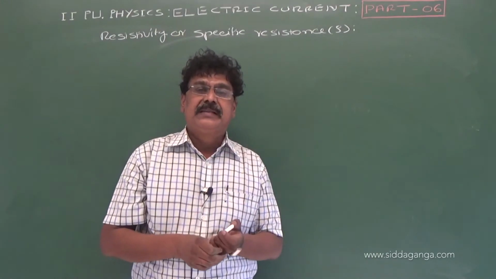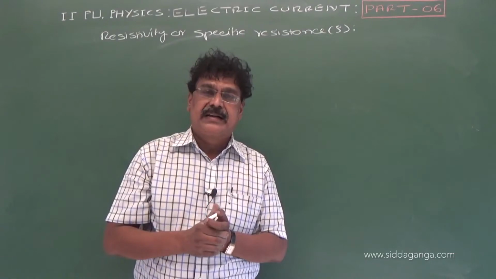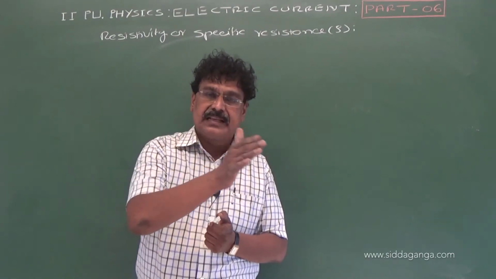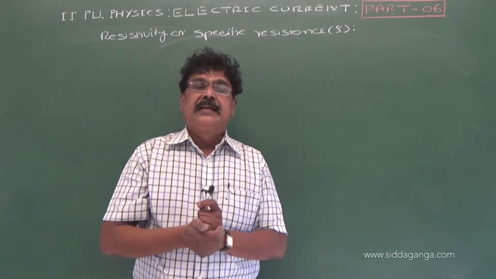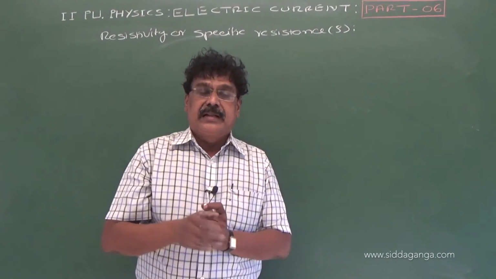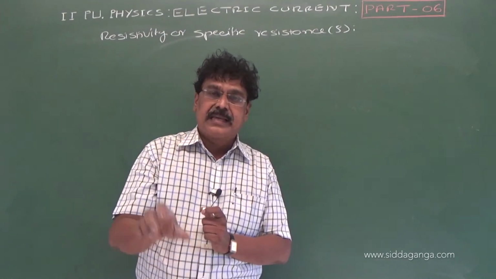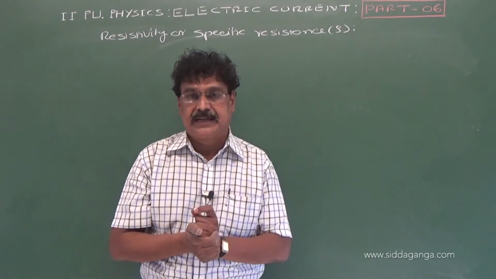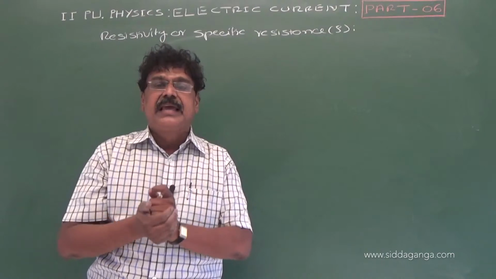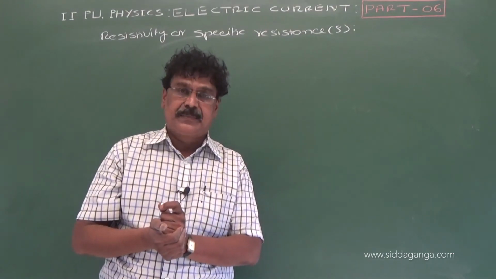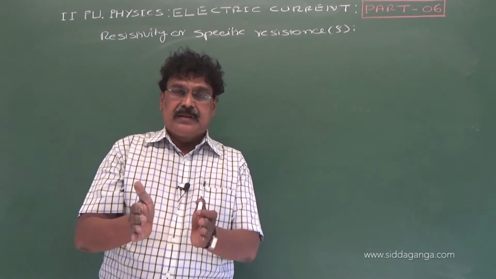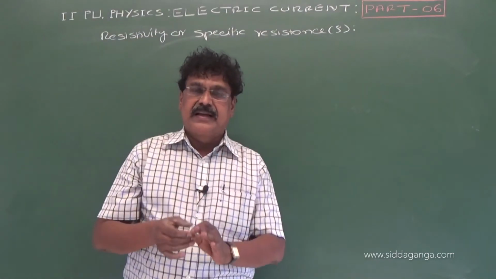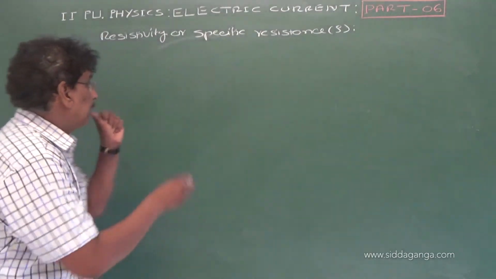That means the resistance increases with increase in length. Secondly, resistance is inversely proportional to the area of cross section. When we increase the area of cross section of the conductor, the electrical resistance decreases.